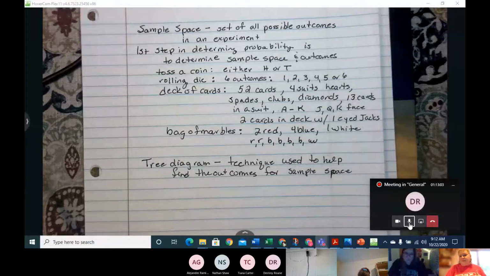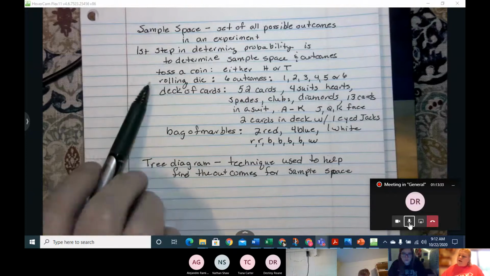You can find sample space by using a table. You can find sample space by guessing. You can find sample space by making a table, trial and error. There's lots of ways to find sample space, but we want to try to use a systematic way to help us find the best way, quickest, to determine sample space.